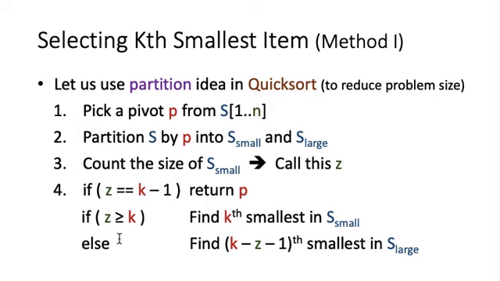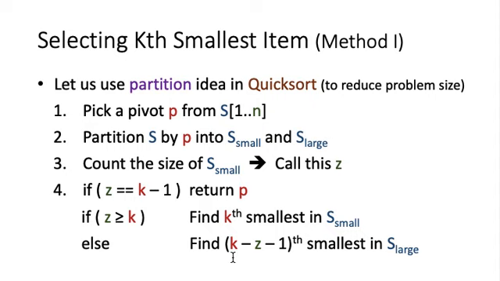And then there could be the third case, when it is not like the first two. In that case, Z is smaller than k minus 1, and what we know is that the kth smallest item of the original set S must be inside the group S large. But it is not the kth smallest item in S large.